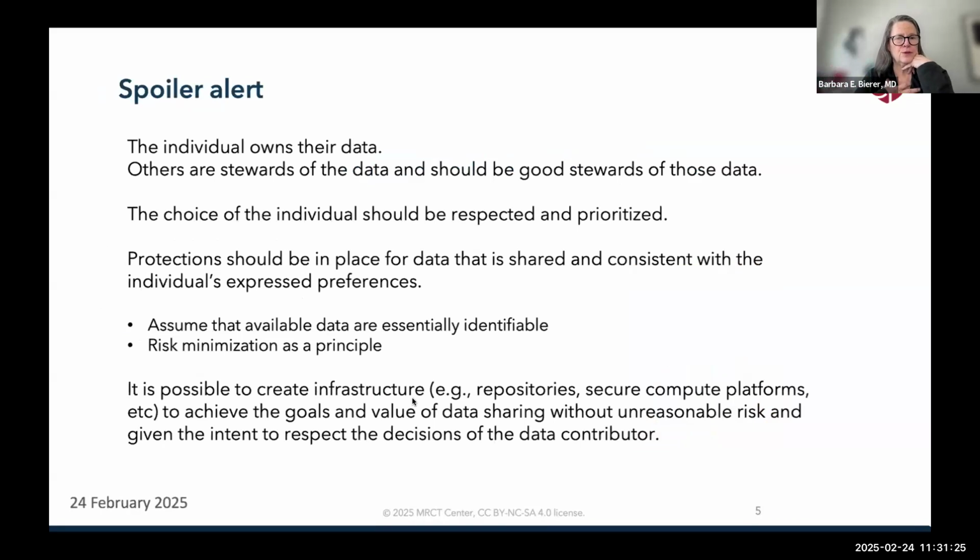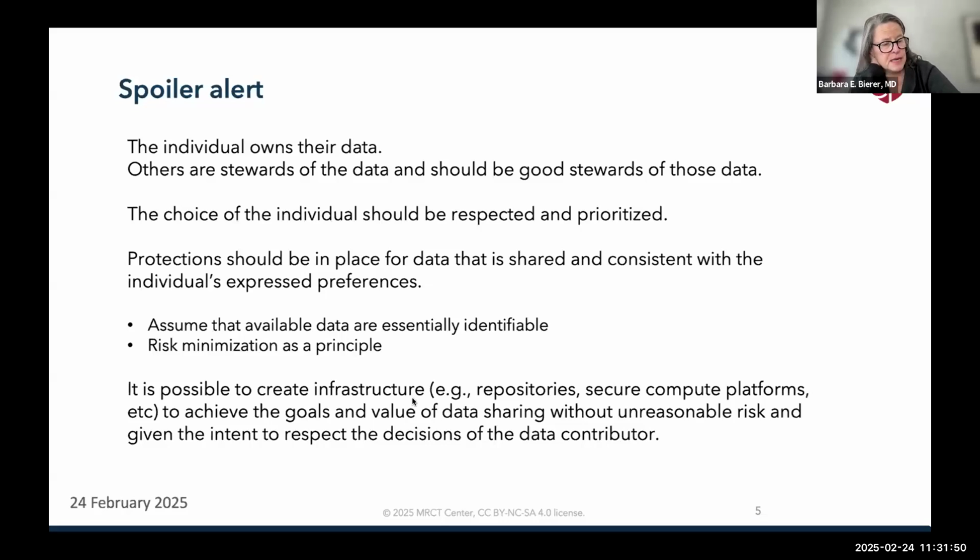So here's where we're going to go, and this is my impression. I think that the individual owns their own data. Institutions, pharma companies, investigators are stewards of the data and should be good stewards of those data. But the individual from whom that data comes really does own their data, and the choice of the individual should be respected and prioritized.